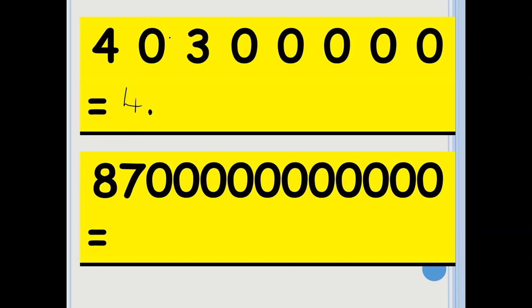This 0, think back to when we did place value. This 0 has place value because there's a 3 beside it. So I need to put this 0 in. And then up here, I've got my trailing zeros, which I'm going to lose. In order to get it to scientific notation, I need to have my times 10.